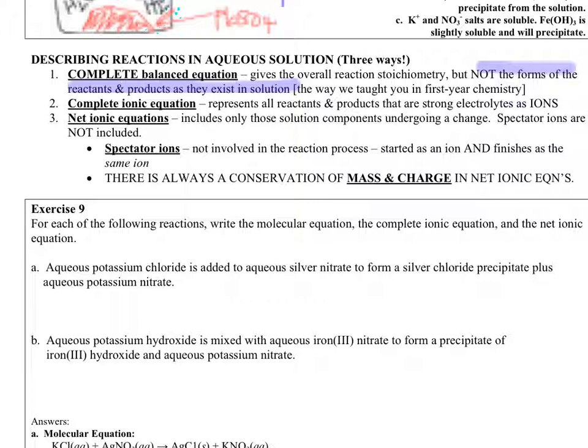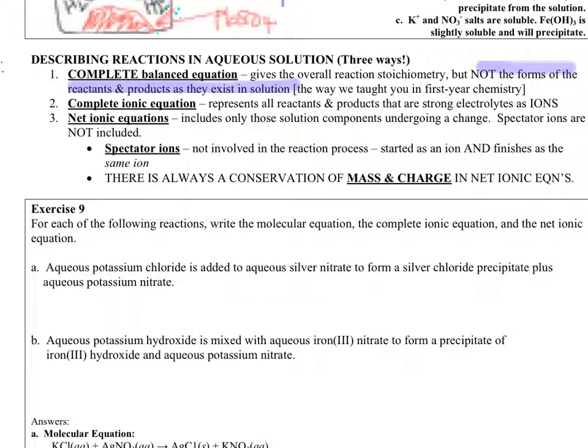The second option that we have is called a complete ionic equation. So here we represent all reactants and products that are strong electrolytes as ions. An electrolyte meaning they completely dissolve and they are going to conduct high volumes of electricity.